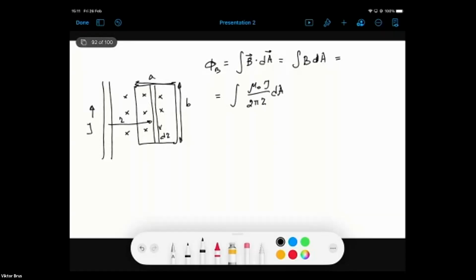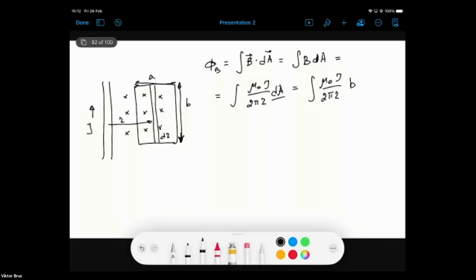dA. So this dA, first of all, we need to define in another form, this differential of the surface element, like of the area, and that will be side b, the length of the frame, times dr. So we can write the integral of mu naught times I over 2 pi r.